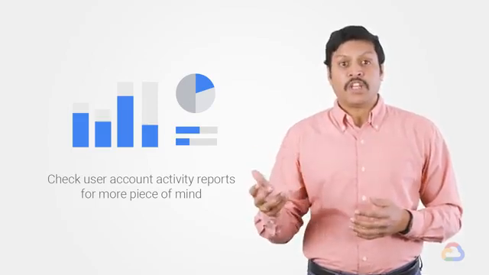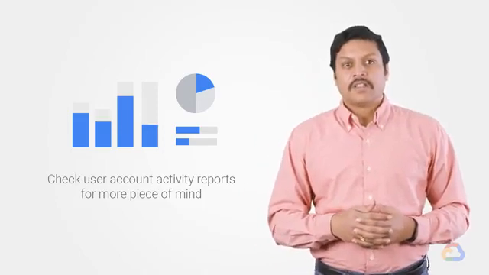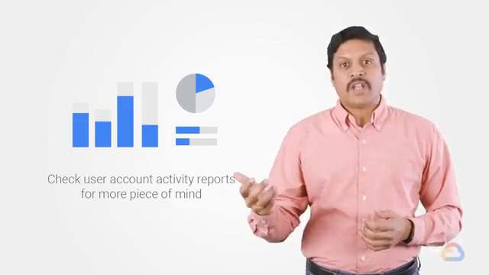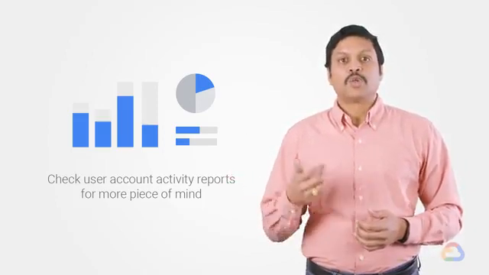additional verification. Another security best practice we recommend is for you to check your user's account activity report page. Here, you can view your user's account status and activity. This page gives you access to all the data from user account and admin statuses to two-step verification enrollment reports.